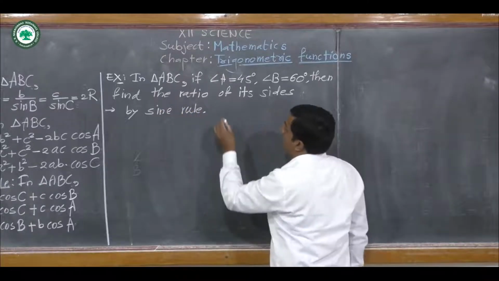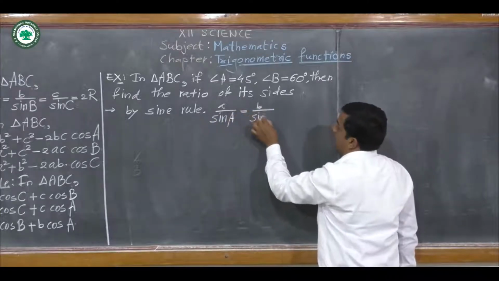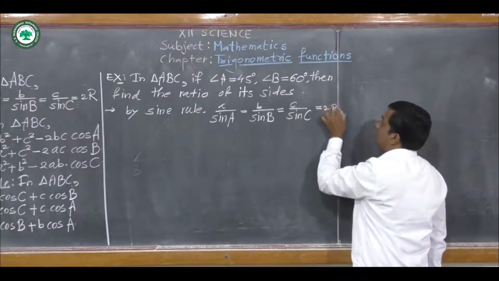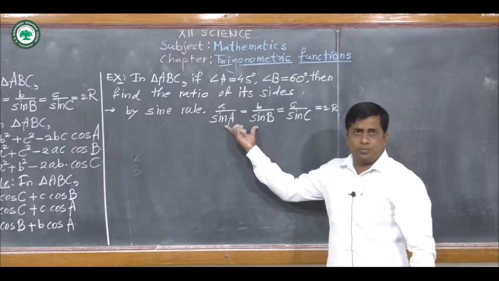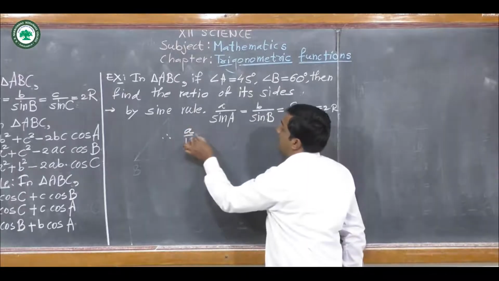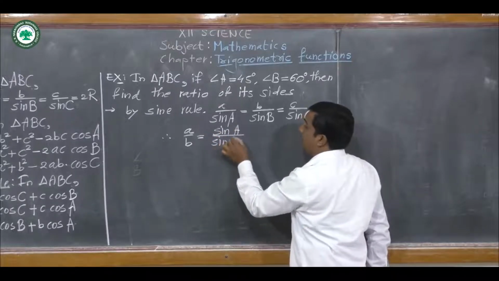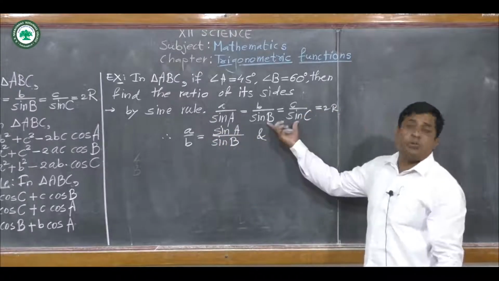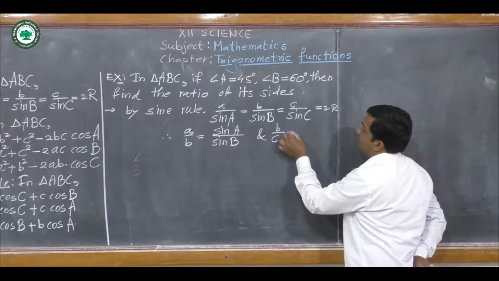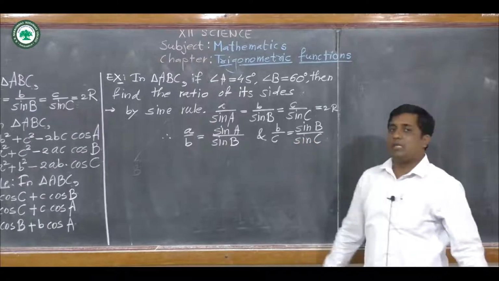Here again I write our sine rule: a upon sin A is equal to b upon sin B is equal to c upon sin C, and this is equal to 2R. Here we consider the first two: a upon b is equal to sin A upon sin B. Next, we consider the second and third: b upon c is equal to sin B upon sin C. This is by using our sine rule.